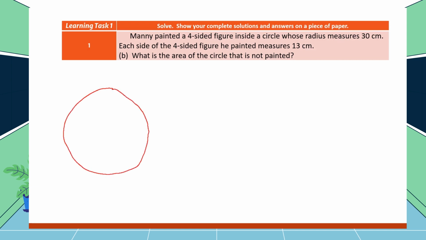For example, ito yung circle, then from the center to any point, meron tayong radius na 30 centimeters. Okay? At sabi natin kanina, meron tayo ditong square. Okay? Na kung saan ang bawat measurement ng side ay, according to the problem, ay 13 centimeters.